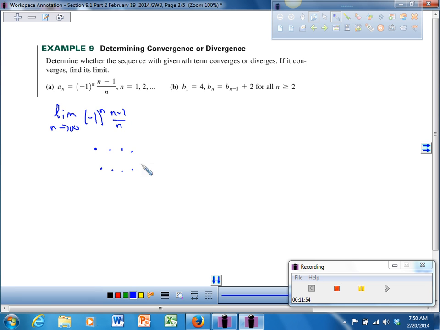Is it ever converging to one value? No, it's always bouncing back and forth. We call this an oscillating sequence. And that is another situation where the sequence is said to diverge because it does not converge.